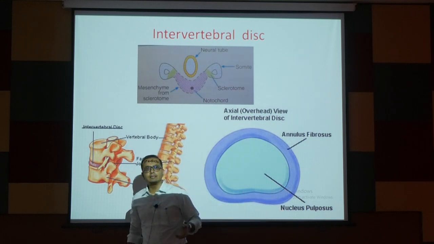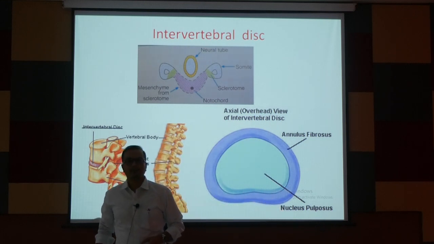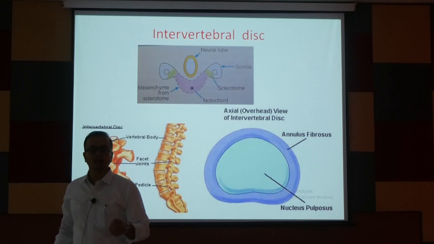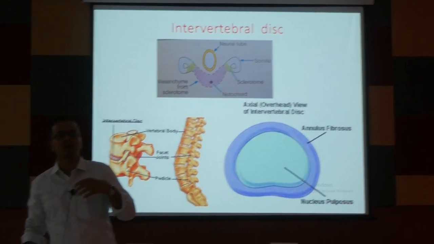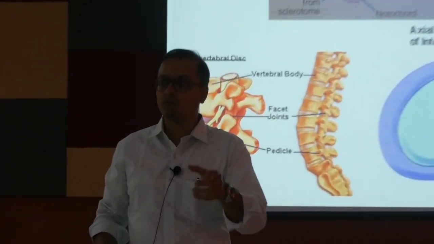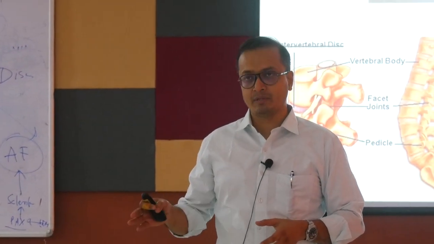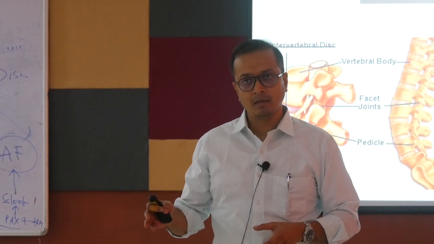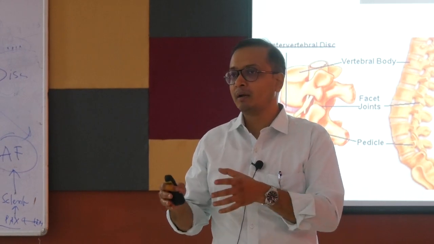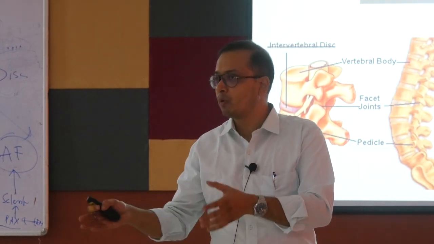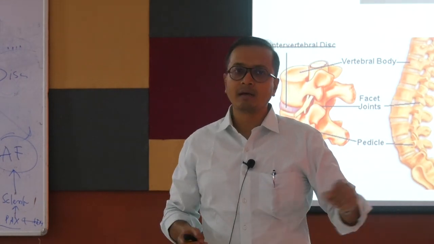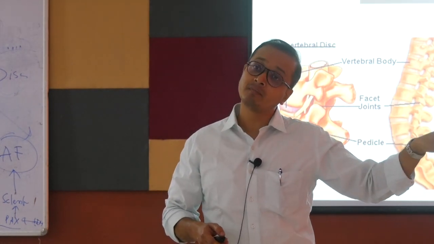We call this disc herniation. Disc herniation is nothing but the nucleus pulposus herniating out or popped out. In layman's terms we call it disc prolapse or prolapsed disc. If it is prolapsing out or pushing out, it can compress the intersegmental nerves. What nerves?